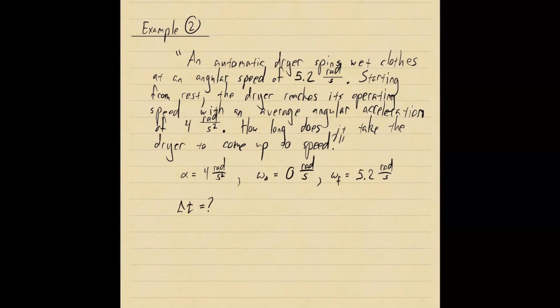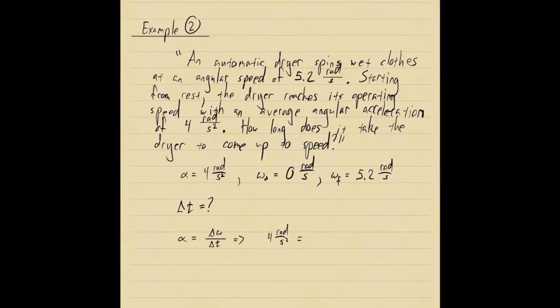So we're going to solve this in basically the same way that we solved the last problem. We're going to use our definition for average angular acceleration, which is just the change in angular velocity divided by the elapsed time. On the left-hand side, we have 4 radians per second squared.